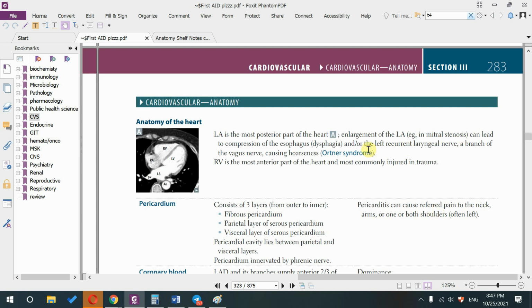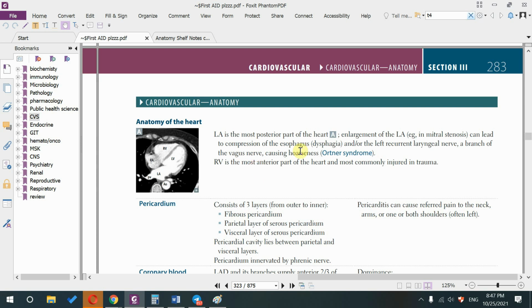And also, do you remember that nerve that goes around the aorta? Excellent. The left recurrent laryngeal nerve. And it goes near which ligament? Excellent. Ligamentum arteriosum. So what is this recurrent laryngeal nerve? I showed you it. It was a branch of the vagus nerve. And if you injure one of them, you get hoarseness.